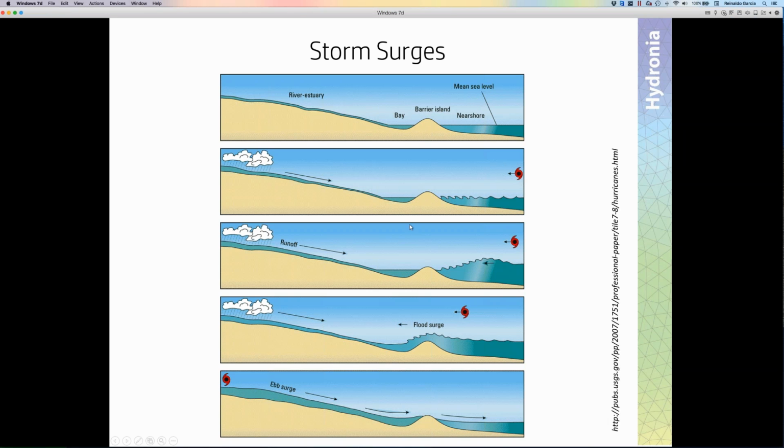And that in combination with wind waves creates the flood surge that can flood these areas that may be populated and also more inland areas. Now, what happens is that usually when you have the storm, you have also rainfall. So you have the effect of the rainfall in addition to the storm. So the inundation problem is also exaggerated sometimes.